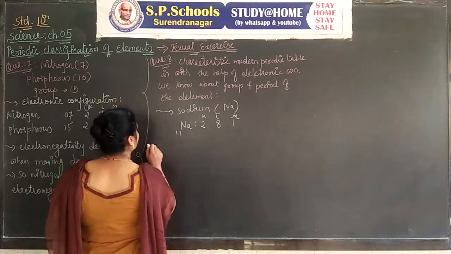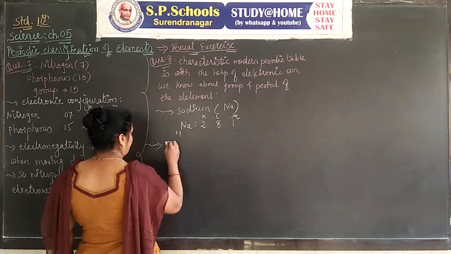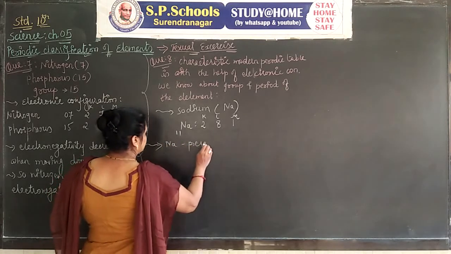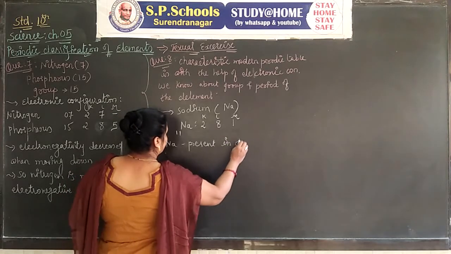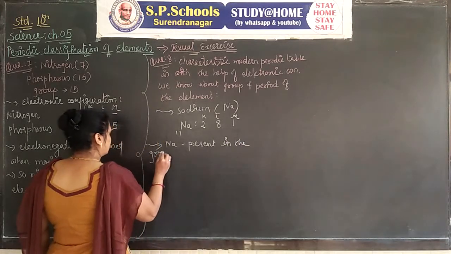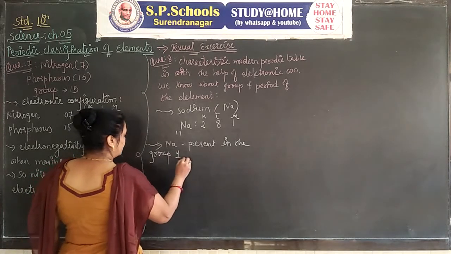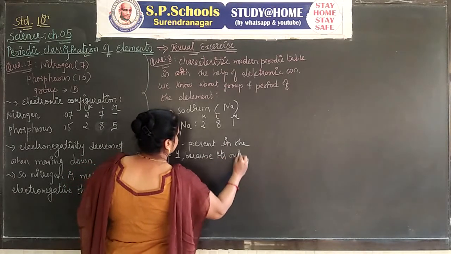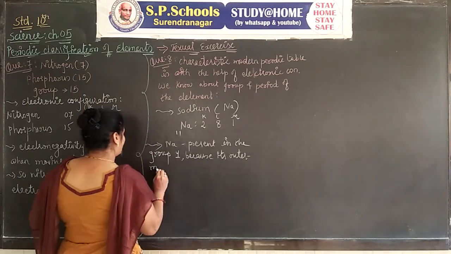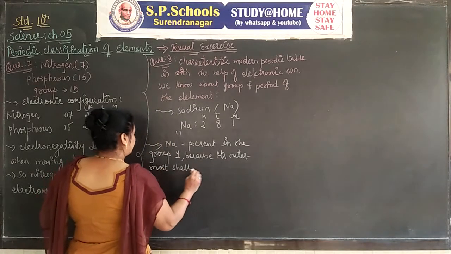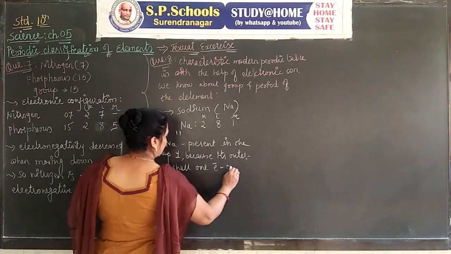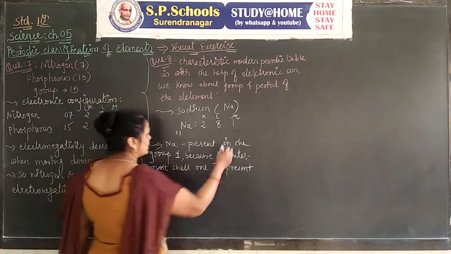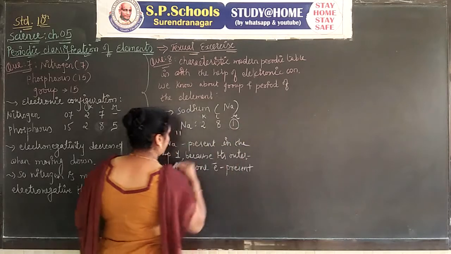So, with the help of electronic configuration, we see the sodium can be present in group 1 because in its outermost cell 1 electron will be present, so it will be contained in group 1.